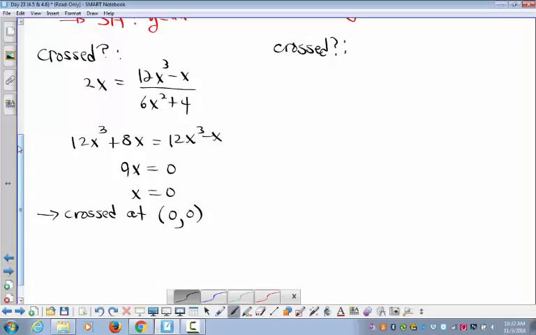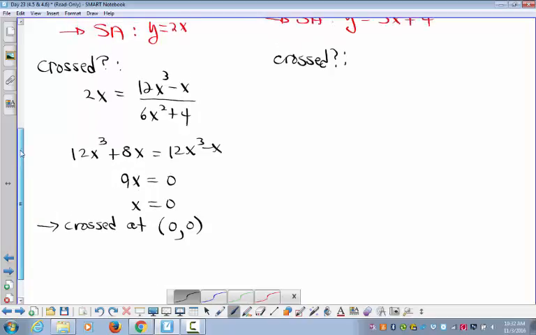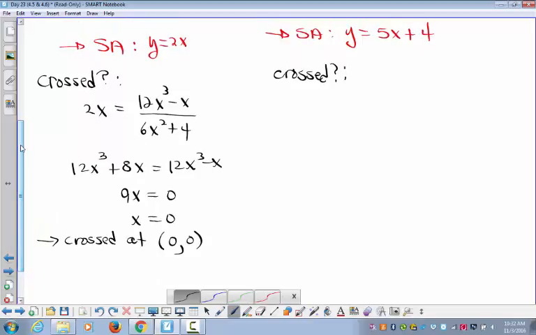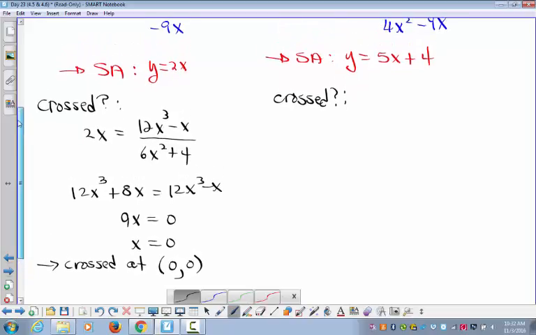This is a crossing point that we would have picked up anyway by finding x-intercepts, because that's also an x-intercept. We would have figured this out even if we didn't test this extra piece, because to find the x-intercepts, we would have factored the numerator, and we see that x equals 0 is a factor of the numerator.